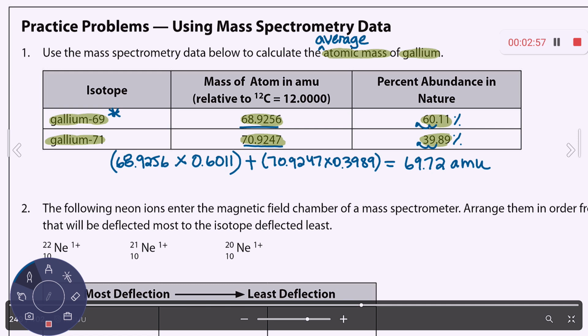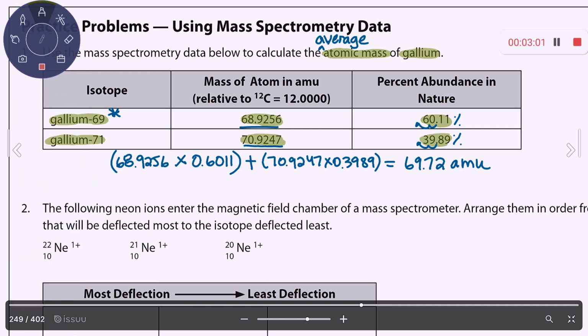Now, the other type of question that you might get is question number 2. It gives us 3 different isotopes for neon, gives us the mass numbers and the charge, and asks which one will be deflected the most and which one will be deflected the least.